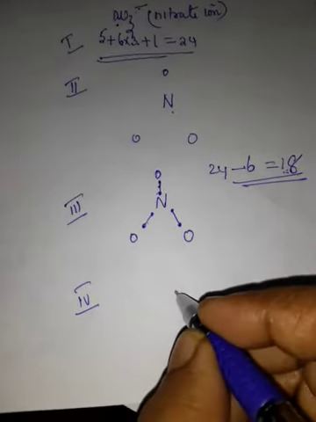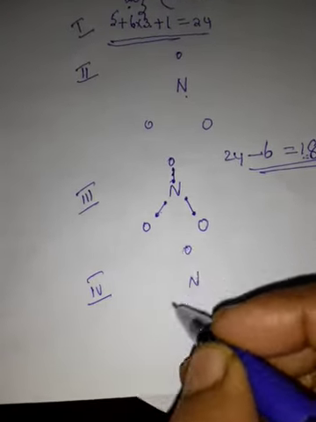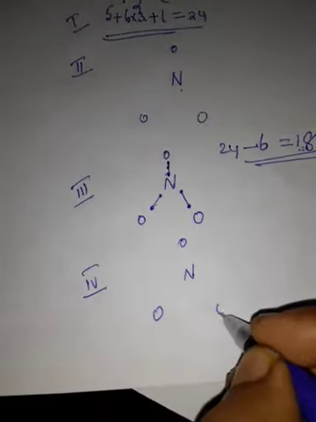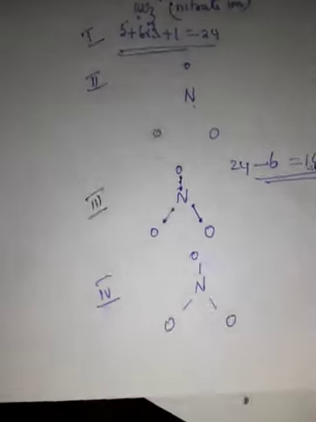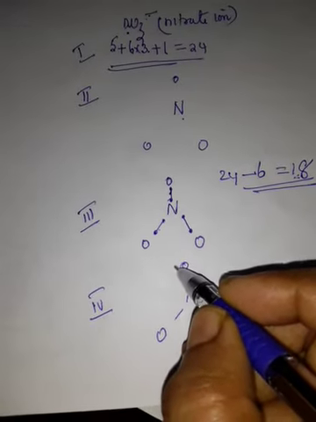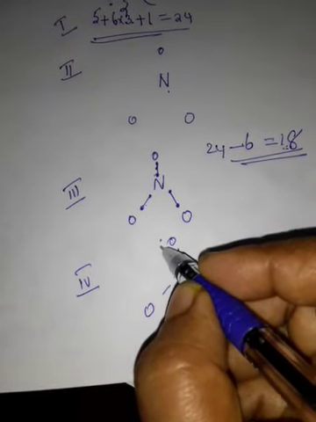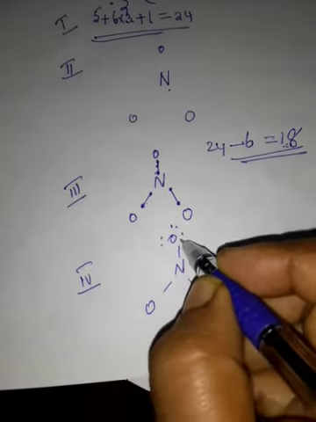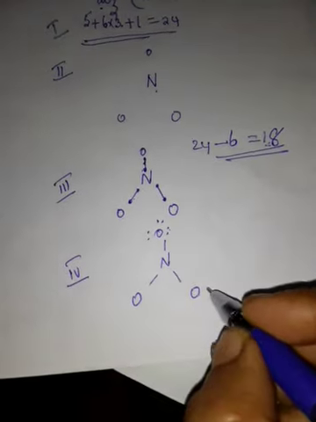So you see now nitrogen, 3 oxygen atoms evenly spaced. First single bonds: 6 electrons gone, remaining 18. The outermost atoms should be occupied first. So 2, 4, 6, plus 2, 8, octet. Same for each oxygen: 2, 4, 6, plus 2, 8, octet.